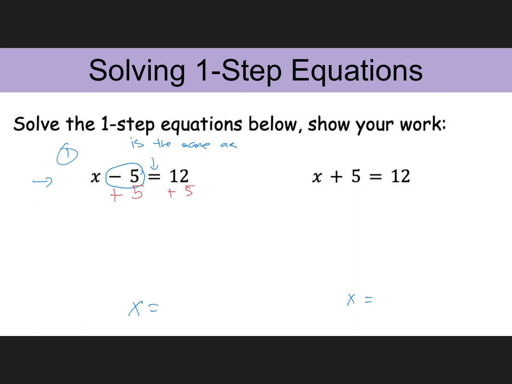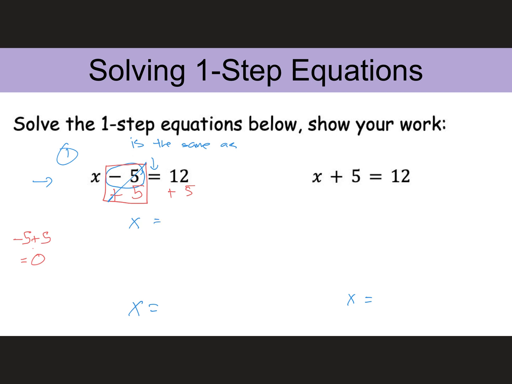Now, you may be wondering, why do I add 5? Well, if you look at this expression here, what is negative 5 plus 5 equal to? It's equal to 0. What we're doing is we're canceling it out. Negative 5 plus 5 equals 0. So what am I left with on that left side? This cancels out, and I'm left with just x by itself on the left side.